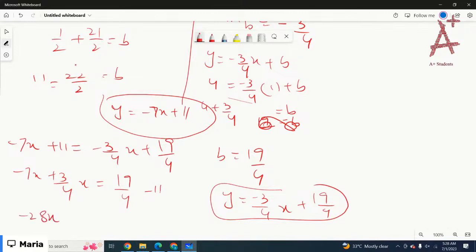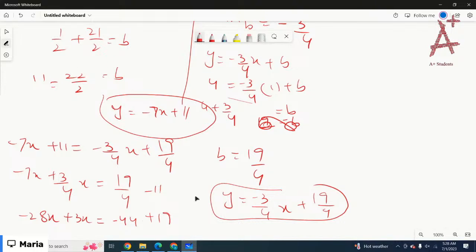You have to multiply both sides by 4. So negative 28x plus 3x equals negative 44 plus 19.